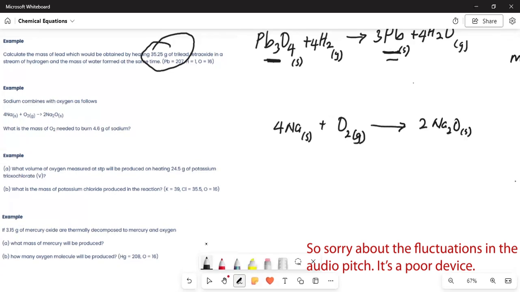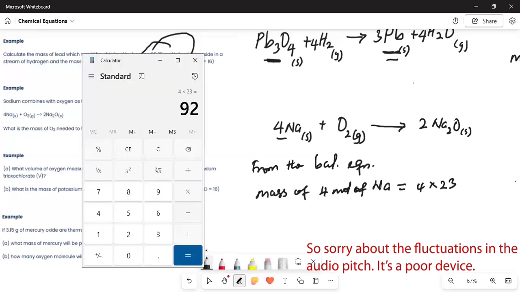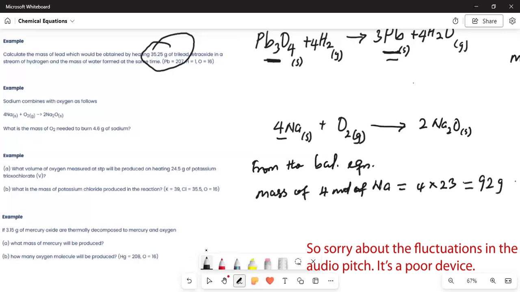Okay, from the balanced equation, mass of sodium is very important. From the balanced equation, mass of 4 moles of sodium. 4 moles of sodium is equal to 4 times 23. The mass of sodium is 23, and you have 4 mole of it there. And 4 times 23 is 92 grams. The question borders on oxygen and sodium.